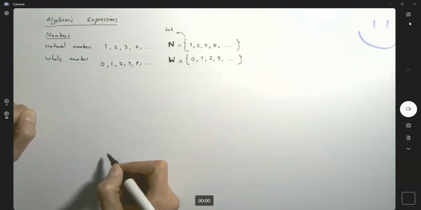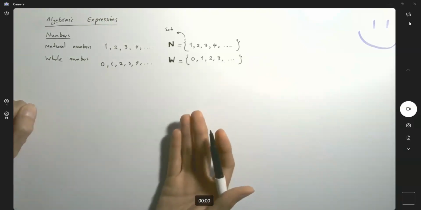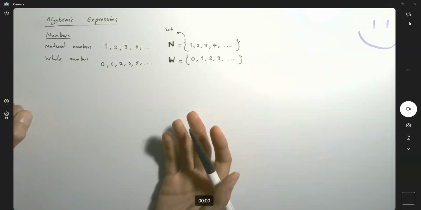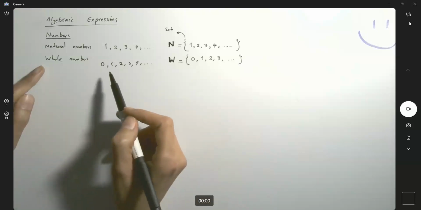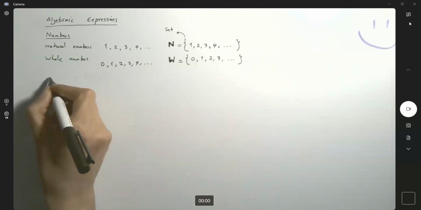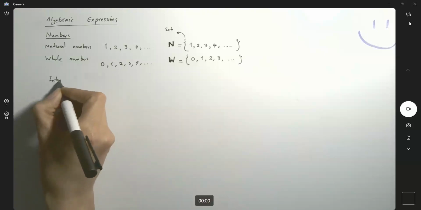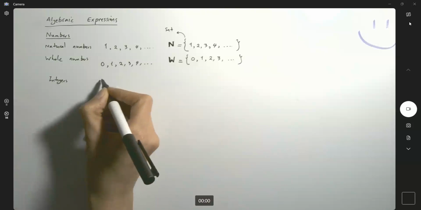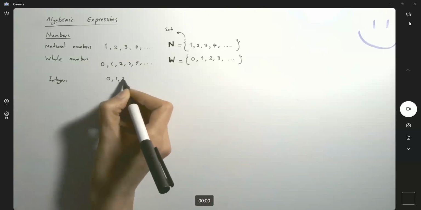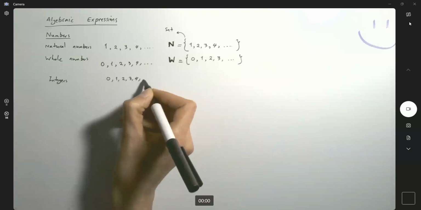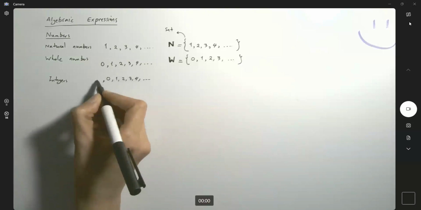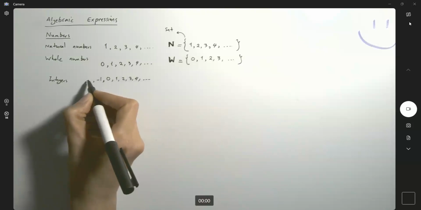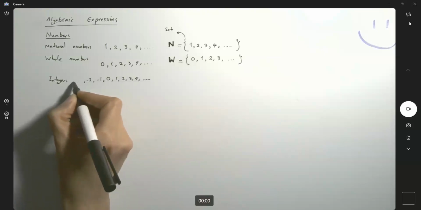So I expect you to ask, well, there are the negative numbers. The negative numbers will be added to whole numbers, and it has a new name. We call them integers. So integers: 0, 1, 2, 3, 4, some positive numbers, and on the left-hand side, smaller numbers, -1, -2, -3, and so on.